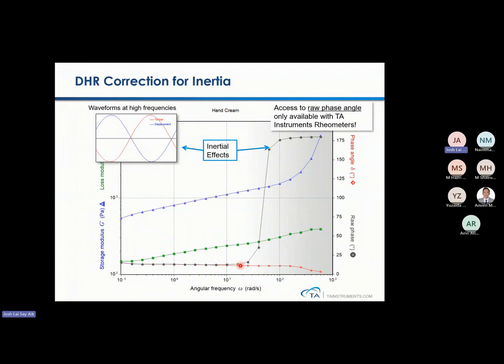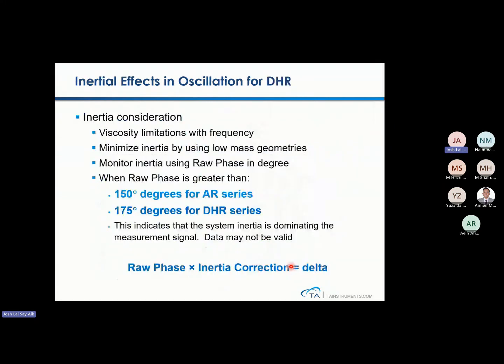Okay, when you go to higher frequency, it means the changes of the machine are at very high speed. So the inertial effect is going to be very high, very pronounced. So you can see it started to go away from the phase angle, and that's where you need to have the inertial correction come in.